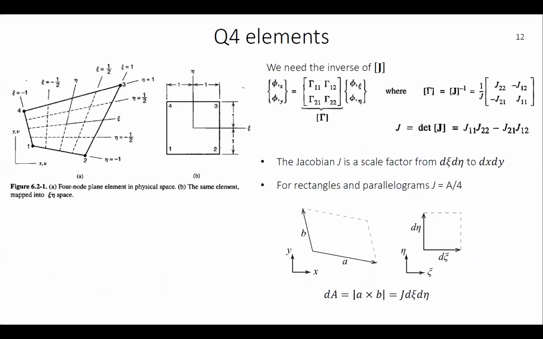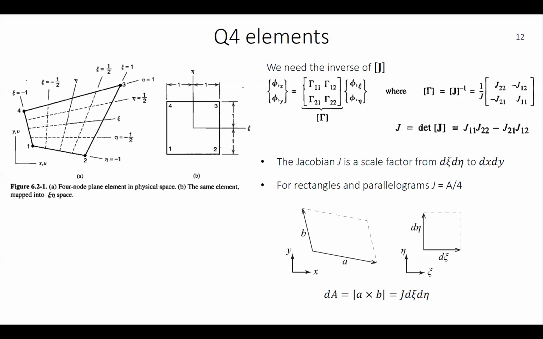But as we realize from the bar element, similar here, we need to calculate the inverse of the Jacobian rather than the Jacobian itself. So we denote the inverse of the Jacobian by capital gamma, which is defined as this, where J is the determinant of the Jacobian matrix.